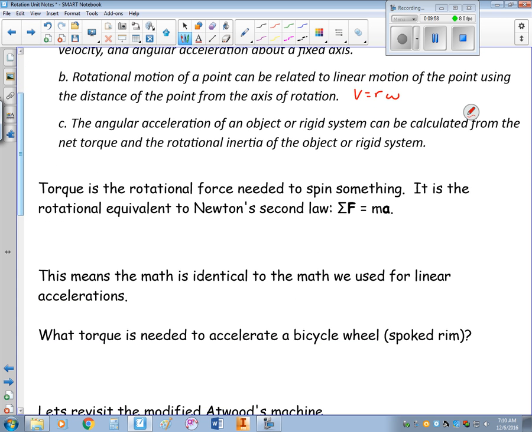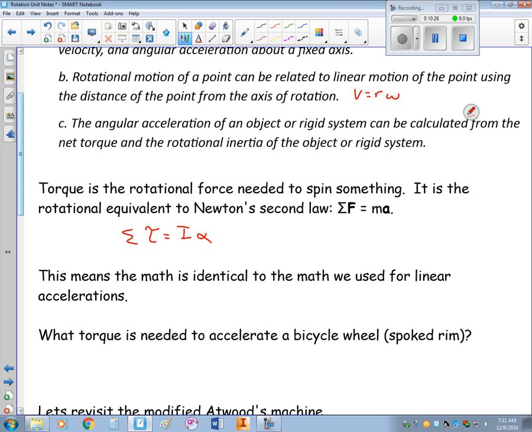Torque is the rotational force needed to spin something. So remember that Newton's second law told us that the net force equals mass times acceleration. Well, now we can say the net torque equals moment of inertia times angular acceleration. So I is like the rotational equivalent of mass, and alpha is the rotational equivalent of acceleration.